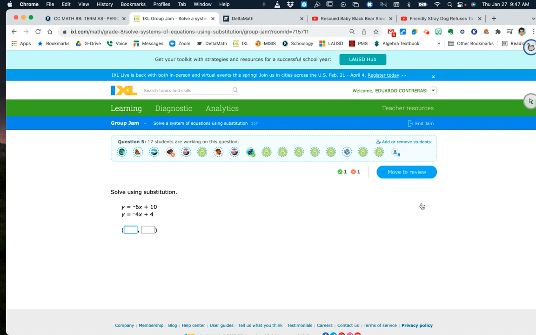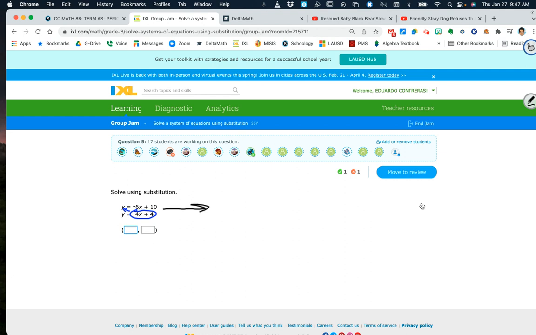So what that means is, since they both equal y, and in the second equation y equals negative 4x plus 4, I can put it in the first equation instead of y. Whatever y equals, you can replace y with that. Okay?